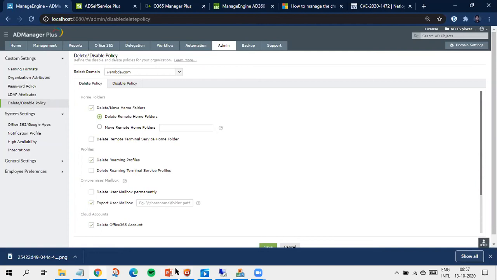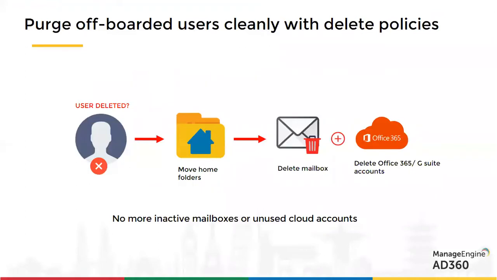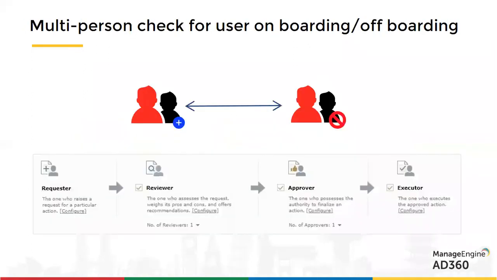All right, so that's the first part covered. What we just saw is secure user onboarding and secure user offboarding, which is crucial for any IAM solution, because it's when users are onboarded that they may be given access to resources that they may not need. But using AD 360, you can have a strong system in place just for the onboarding and offboarding process.